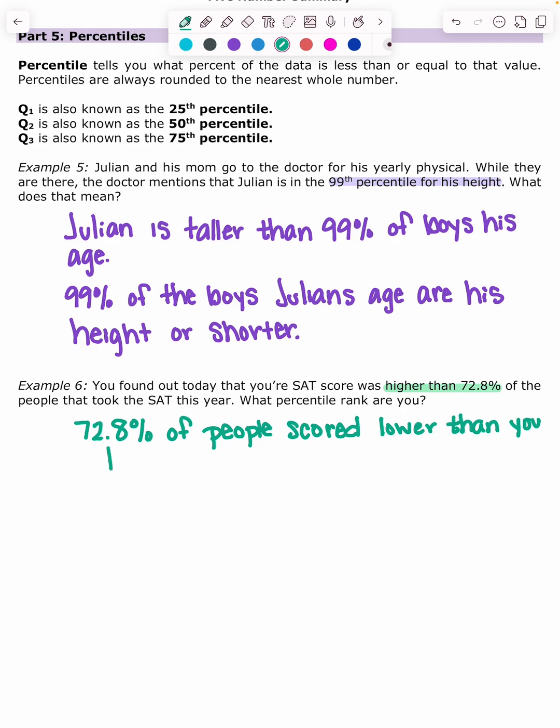So all we have to do to figure out your percentile rank is take this 72.8%, round it to the nearest whole number, which would be 73, and put that in a percentile interpretation. So you are in the 73rd percentile.